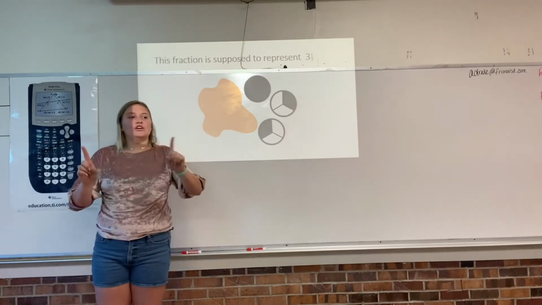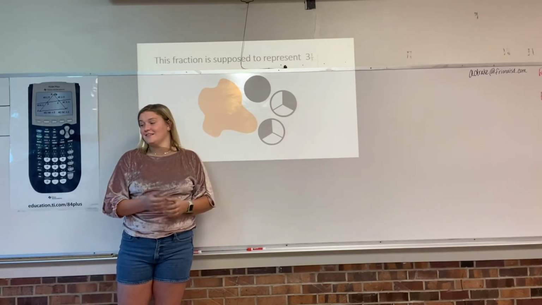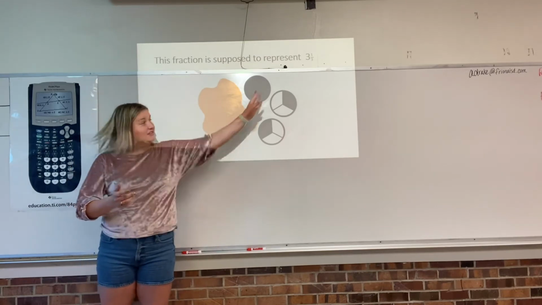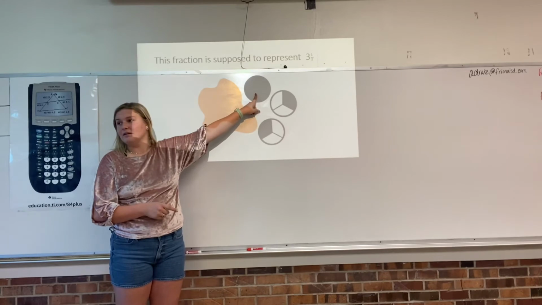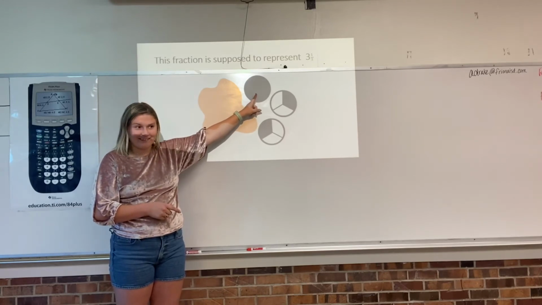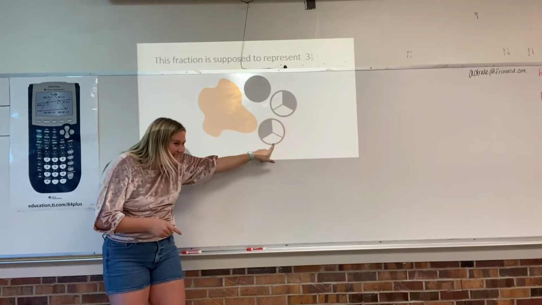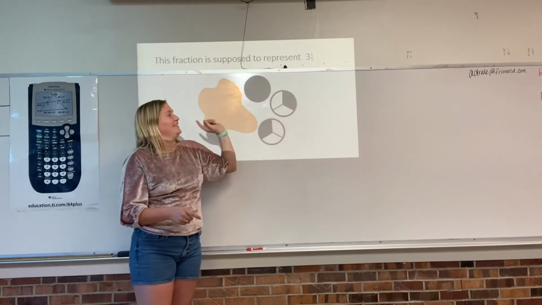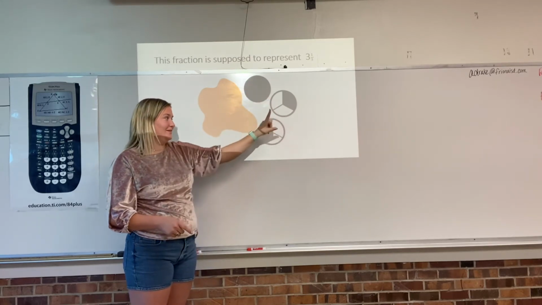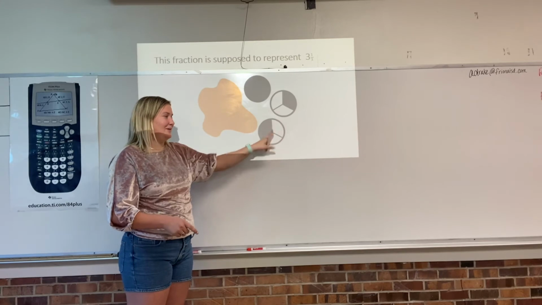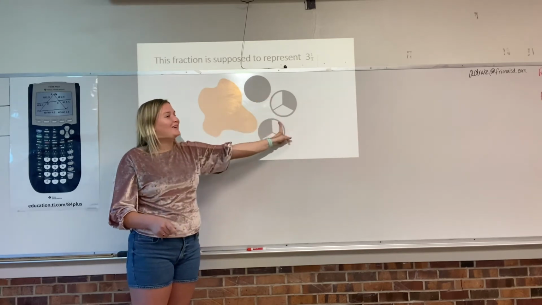What is one of the first steps we can do? Add up all the dots. Add these all up? So let's go ahead and add these all up. What is this? 1. 1/3. 1/3. And then, so add them all up. We're going to go 1, 1, 1/3, 1/3. What is 1/3 plus 1/3? 2/3. Okay, so we have 1 2/3.